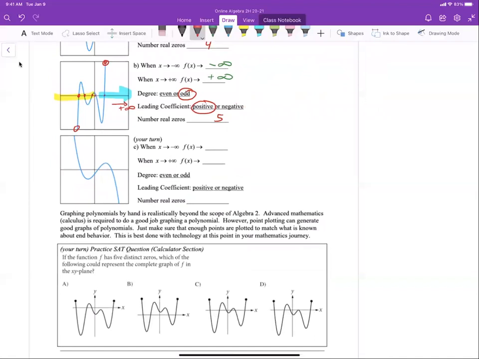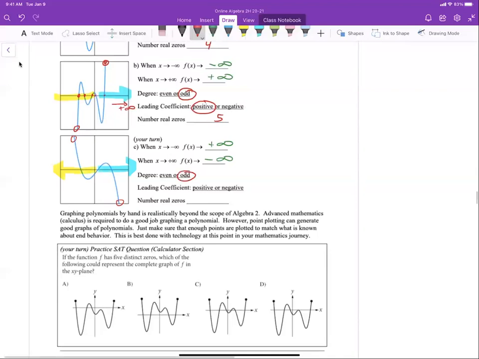Okay, welcome back. As x goes to negative infinity, that's this direction, what is happening to y? It goes to positive infinity. As x goes towards positive infinity, what is happening to y? It goes to negative infinity. What is the degree? Well, I have one up and one down, therefore it has to be odd.